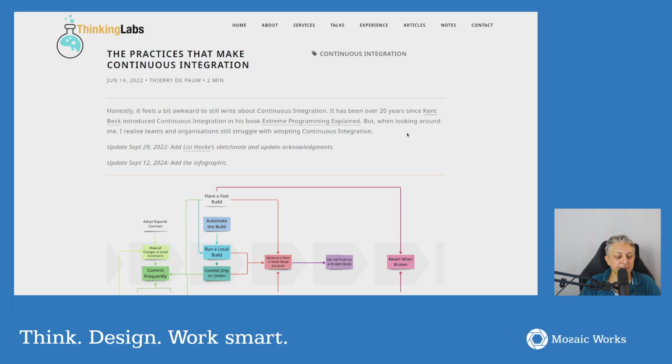And what continuous integration is actually saying is that this time should be as short as possible, because if we do this, we get feedback faster. And if we get feedback faster, we can adapt faster and we can find issues faster and so on. And we can learn faster. So that's fundamentally what continuous integration is.